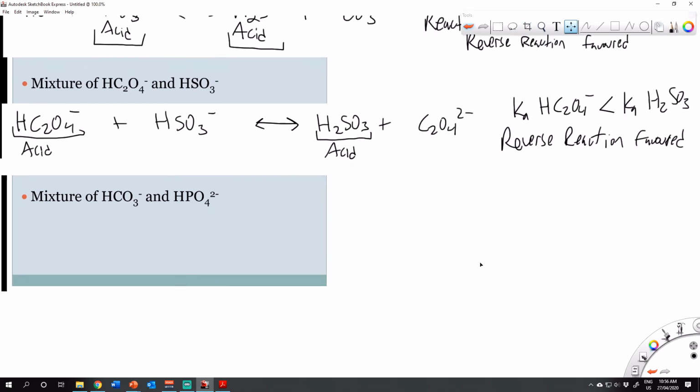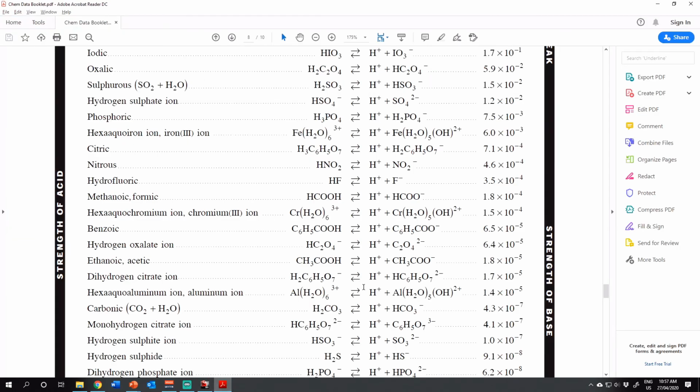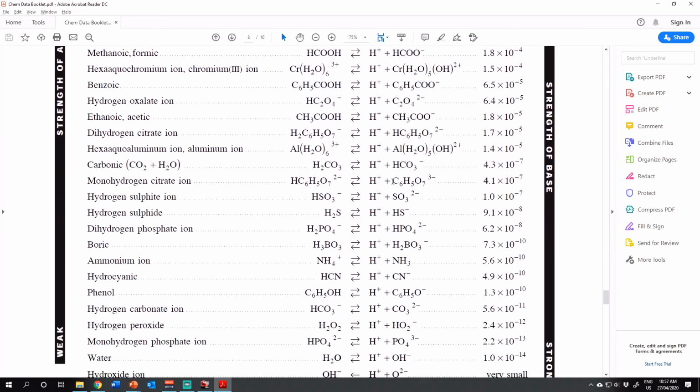Alright, last one then. Again, if you want to try this out, pause the video, try it out yourself, and then we'll see if you are correct. Alright, so HCO3- and HPO4 2- will create an equilibrium. So which one is stronger? HCO3- is pretty weak.